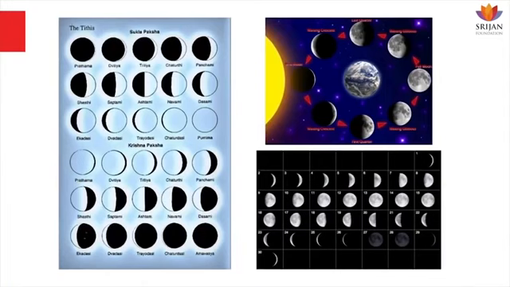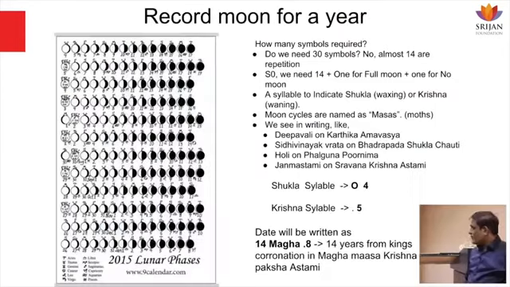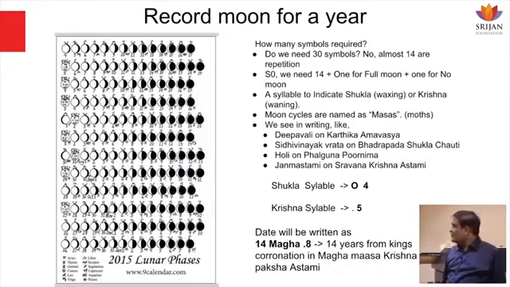So you see here we have the names of all the days, and then if I picturize the whole month, it is easy today to picturize the phases of the moon. I get this picture. So here is a calendar of the entire year, how the moon is mapped, what the phases of the moon are, and how we write them in our traditional system.